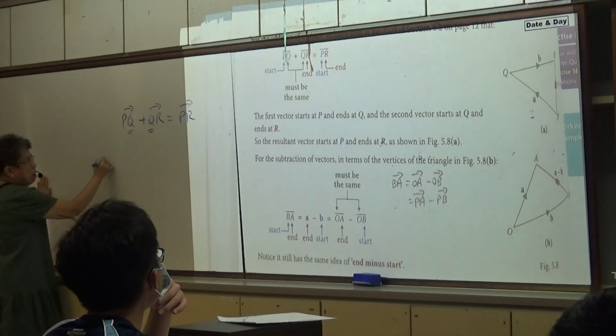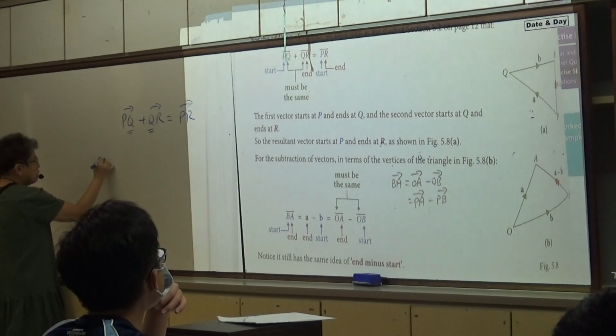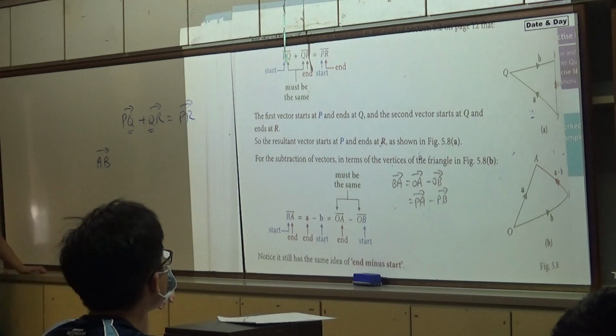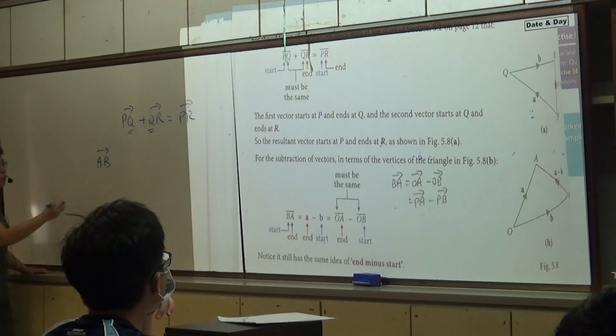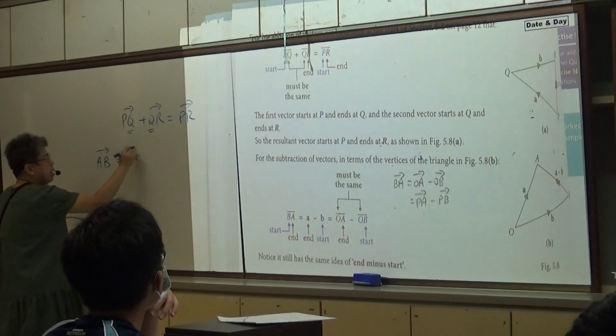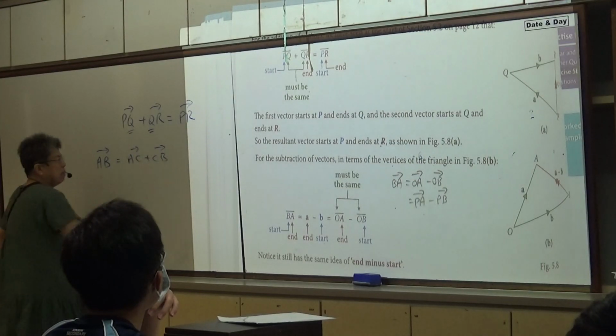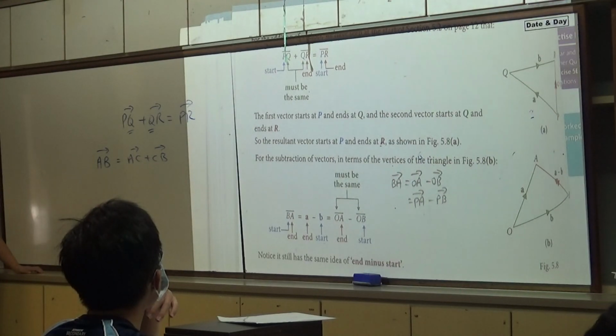Okay. Now, if I want AB, how should I write it in terms of minus and not plus? Plus, I know you know how to write. It's actually AC plus CB, right? Okay, the intermediate one is the same.